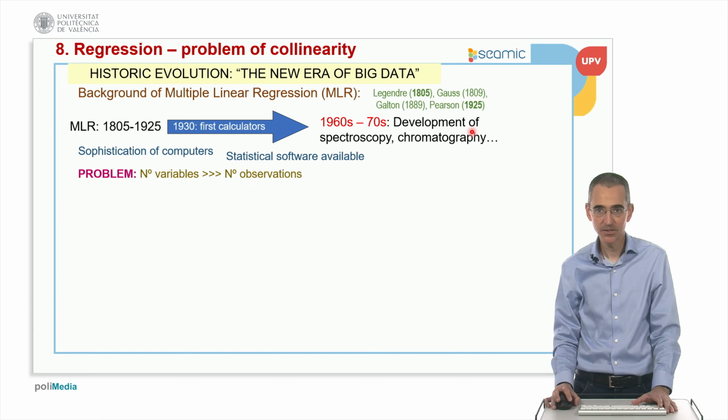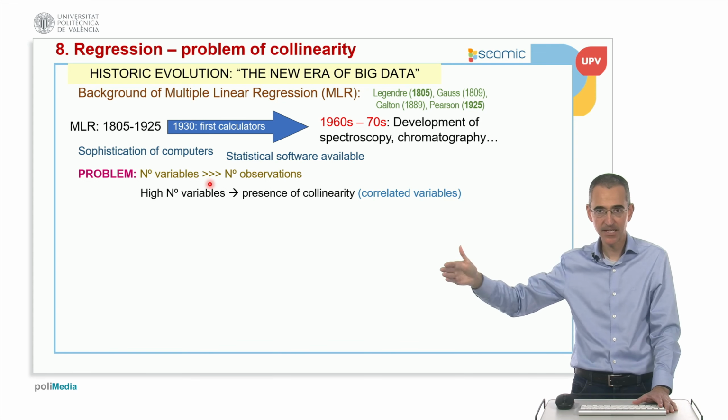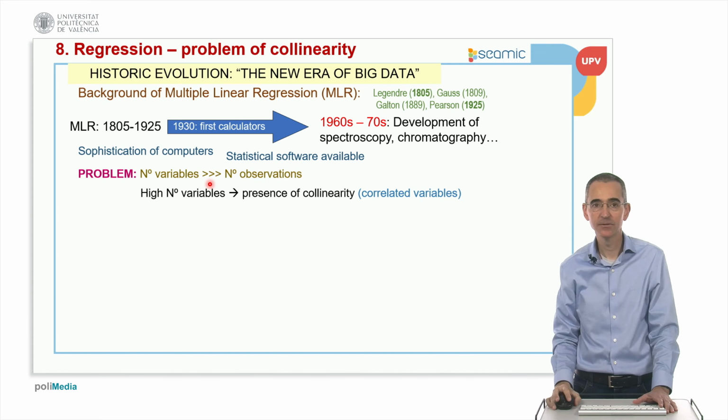These methods have the problem that they provide a lot of variables, much bigger than the number of observations. For example, we can have the absorbance measured at different wavelengths. The absorbance at a specific wavelength would be a variable, and we can have that absorbance measured at a lot of different wavelengths, with, for example, only 20 observations.